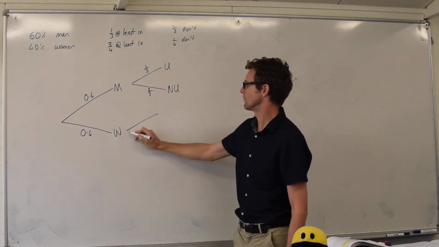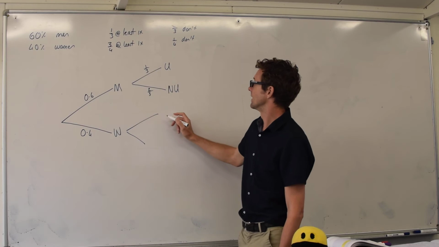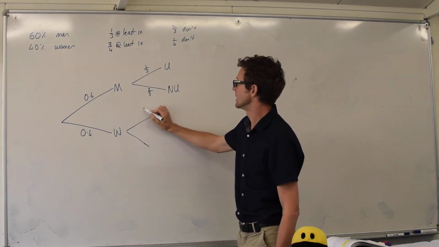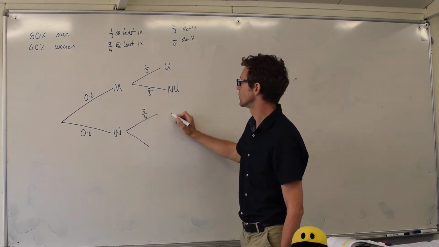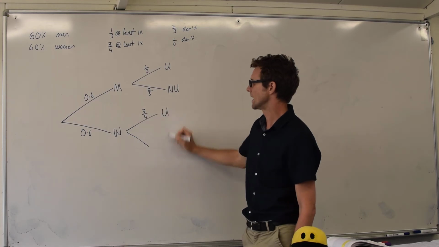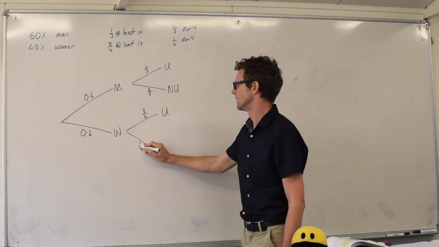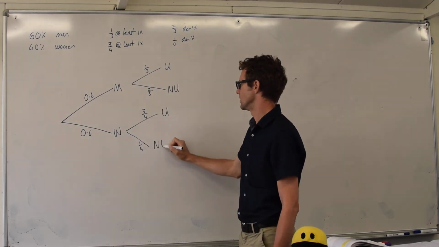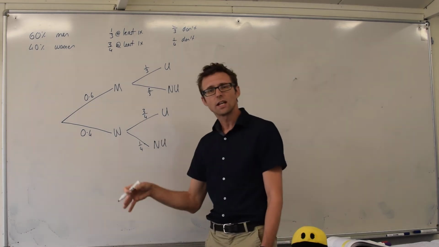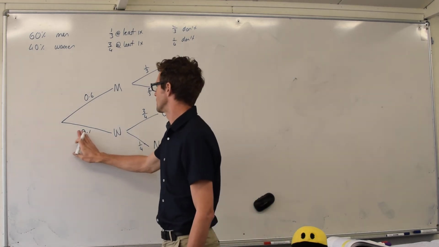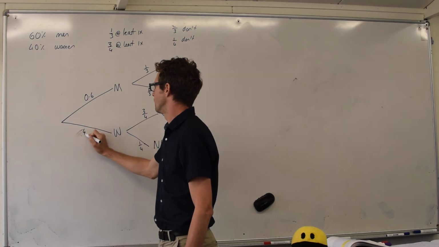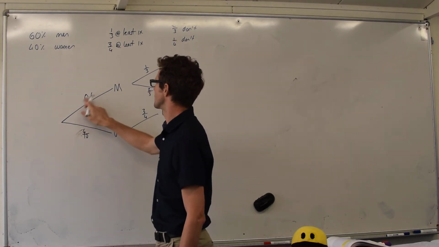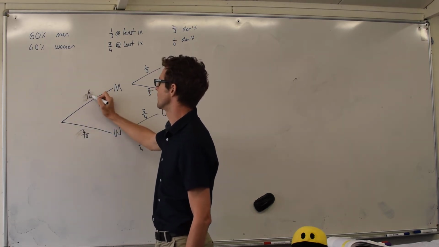We'll do the same for the women. The chance that a woman uses it is 3/4, so we'll call that U, and 1/4 we'll call not use. Actually, just looking at this, I might decide to use 4/10 here, and 6/10, maybe I'll keep it in fractions. It's not the end of the world.